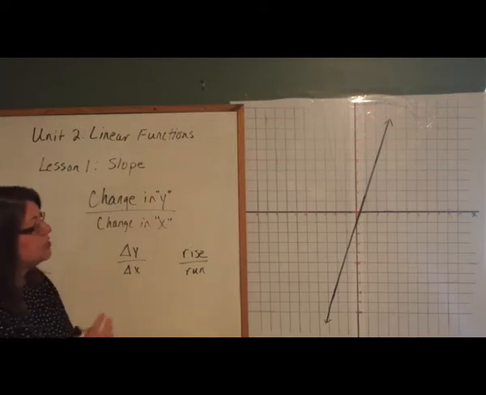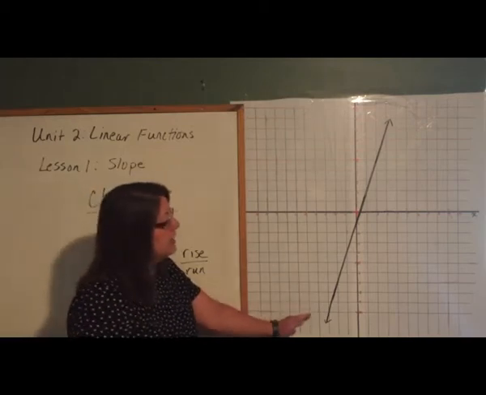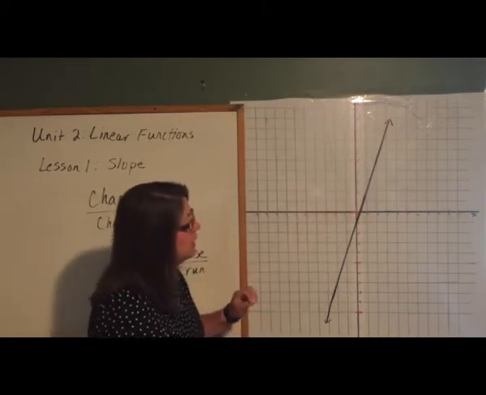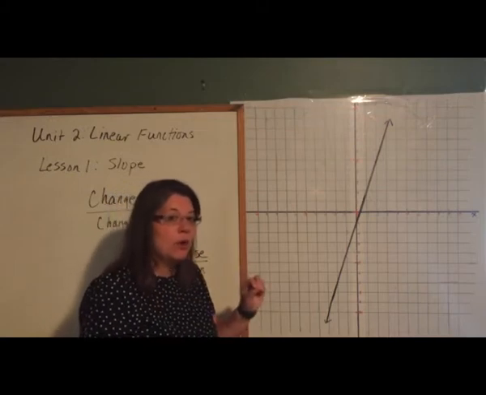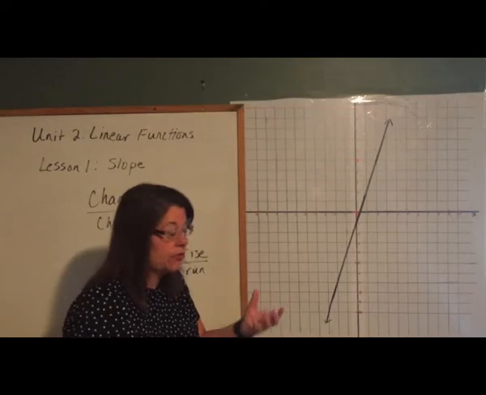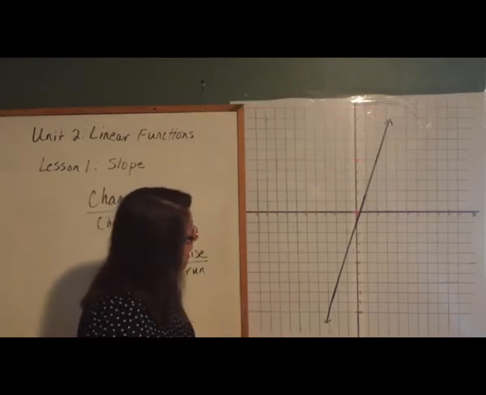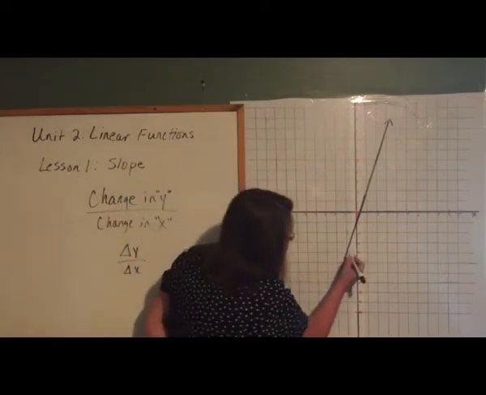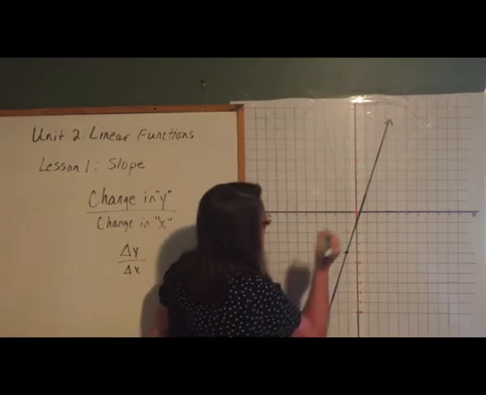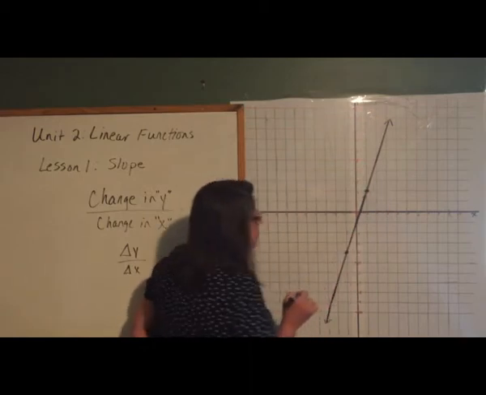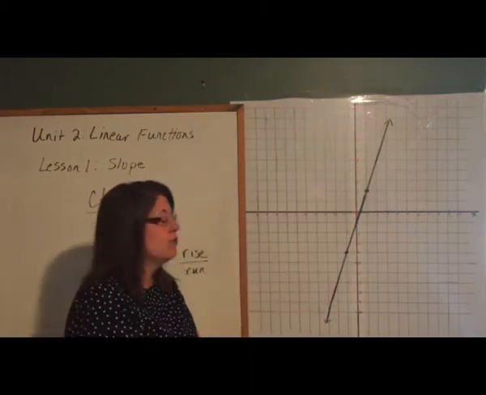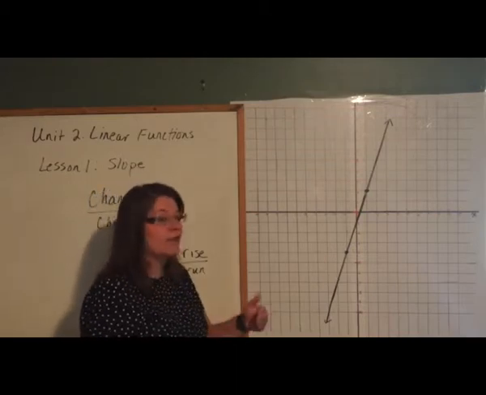So when I teach slope, and I've got a little line here, I teach my students to find a corner point. Find a point on that line that has coordinates that are whole numbers, or integers. And if I look at this right here, it looks like a corner point, and then this right here looks like a corner point. So I'm going to use those 2 points to figure out my change in y over change in x, or my rise over run.